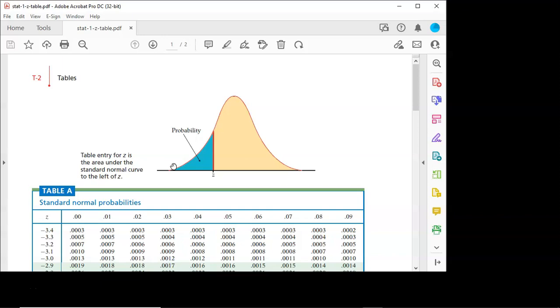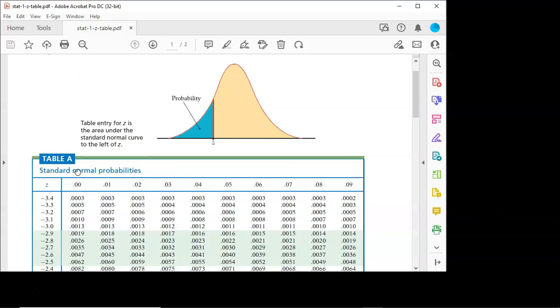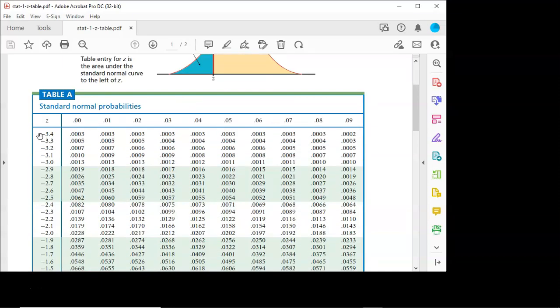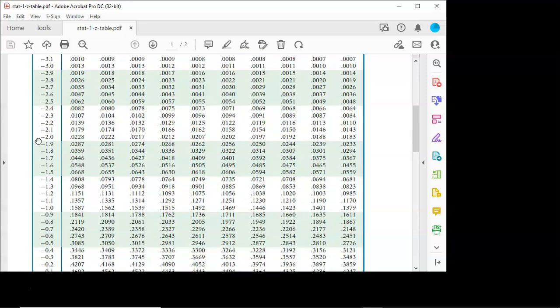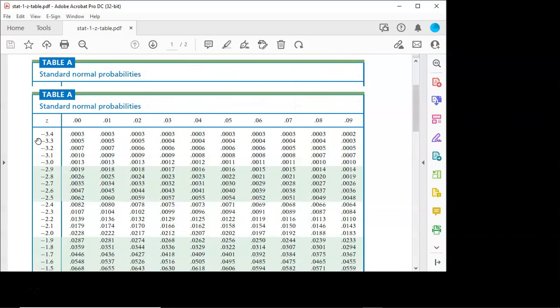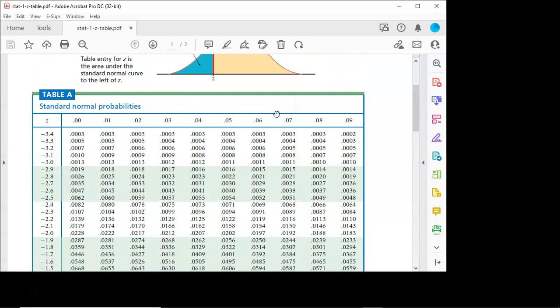So everything to the left. And z values are associated to all the rows here up to first decimal digit. Negative 3.4, negative 3.3, all the way up to 0 is there. And all these correspond to the second decimal digit.